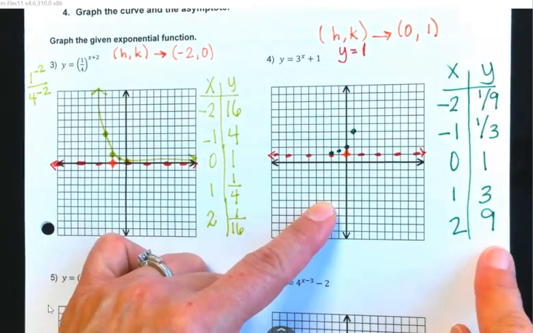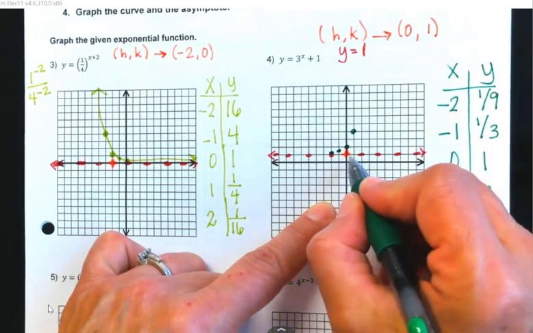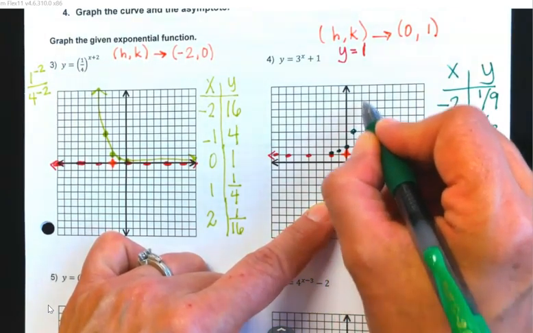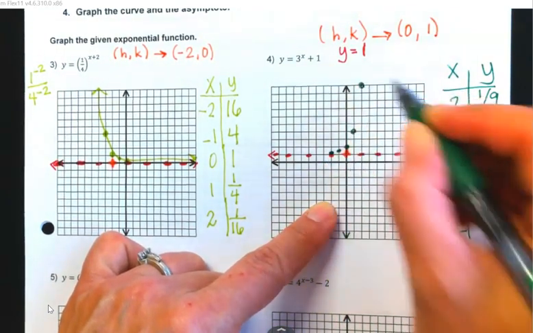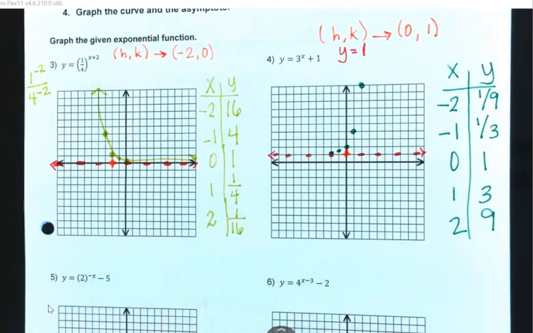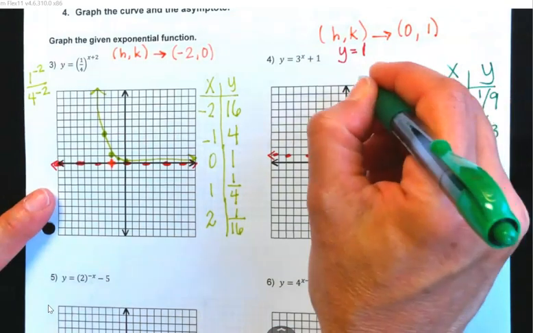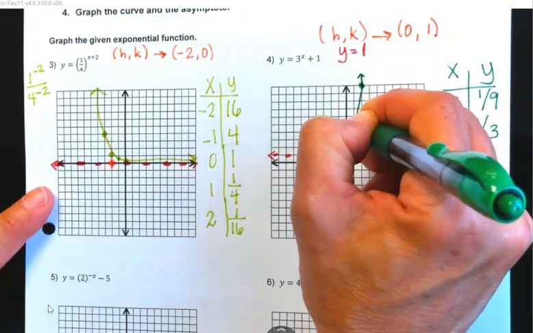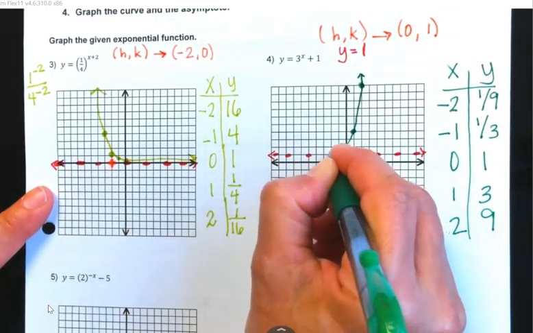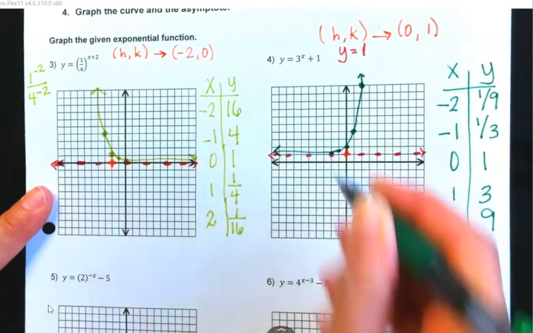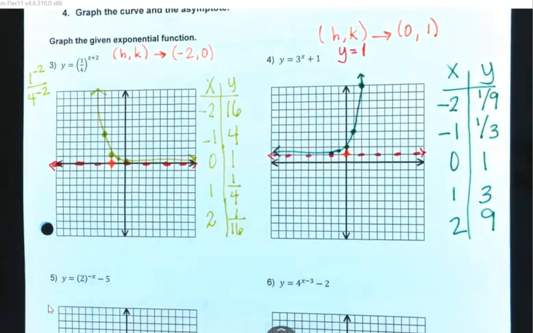And then 2, 9 will fit on this graph, guys. Up over 2, up 9 places. So the shape of the curve takes place. We're starting to see it. Make sure you have arrows on the ends of everything, and that's going to be the shape of that graph.